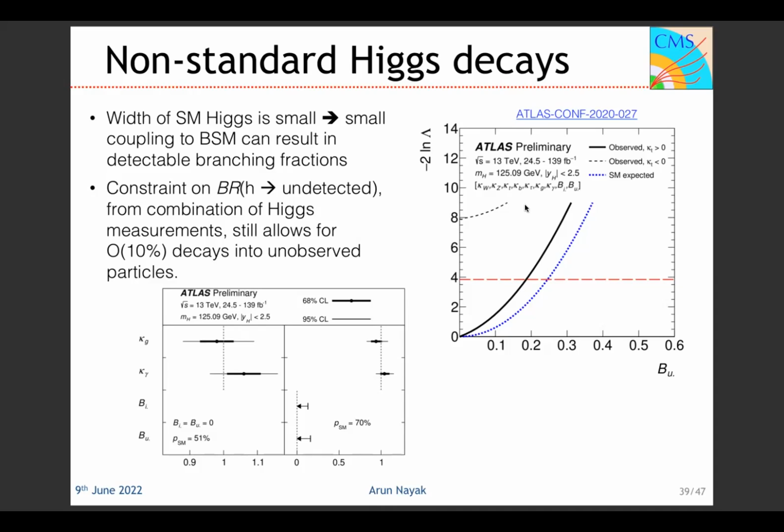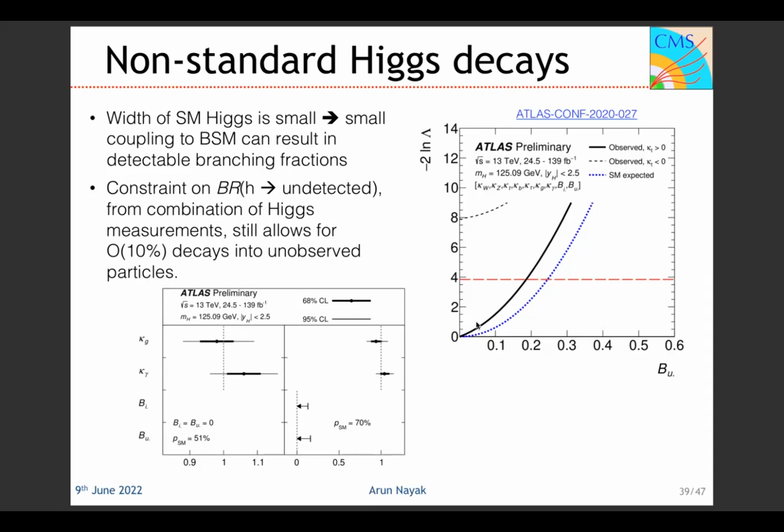And I actually showed an ATLAS plot because that is probably the latest one I took. So as you can see, this is the combined fit of all the Higgs properties from all the Higgs channels.